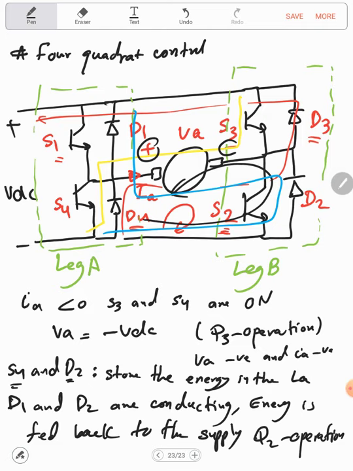Now, in order to control, let's say, the machine, we need to have a transfer function or a model for the rectifier and for the chopper.